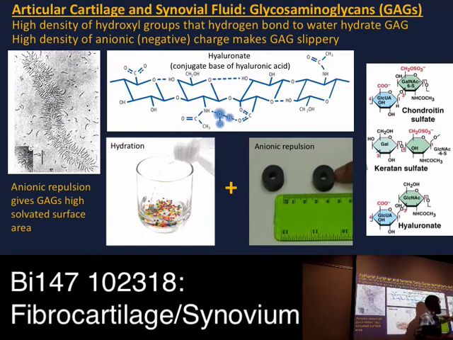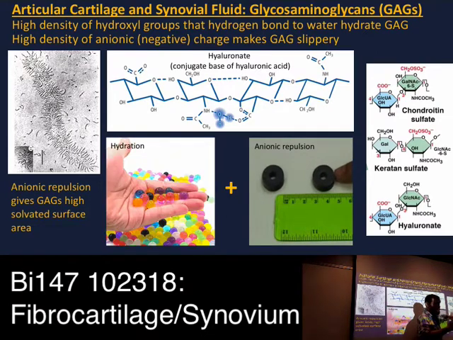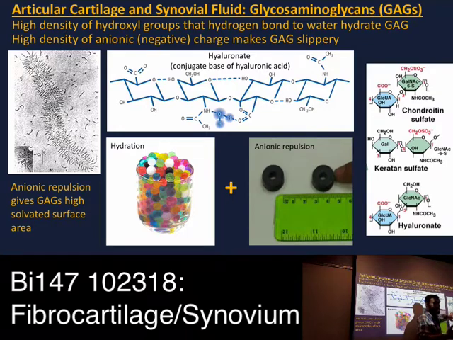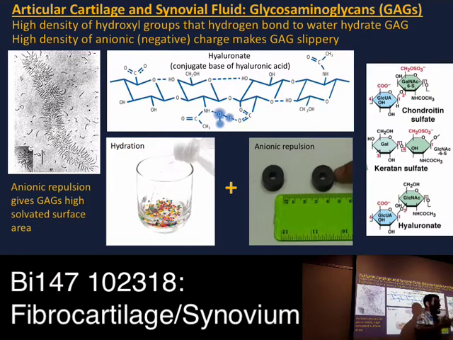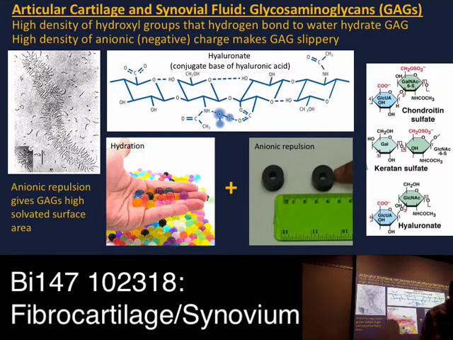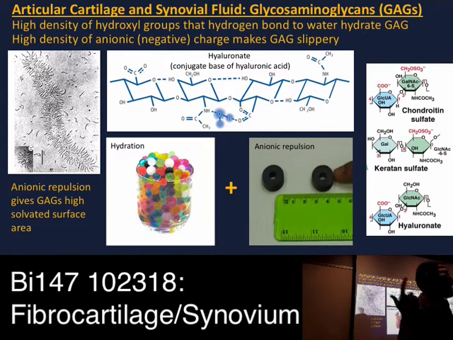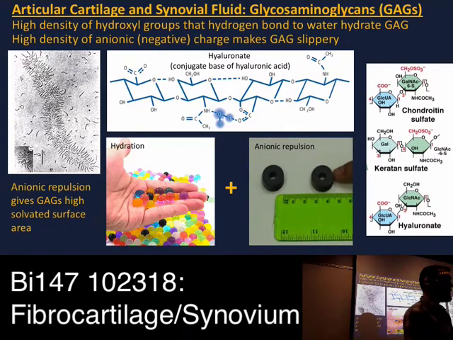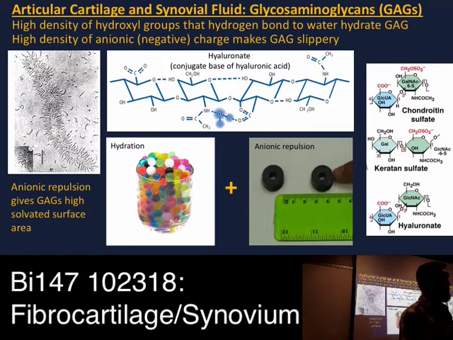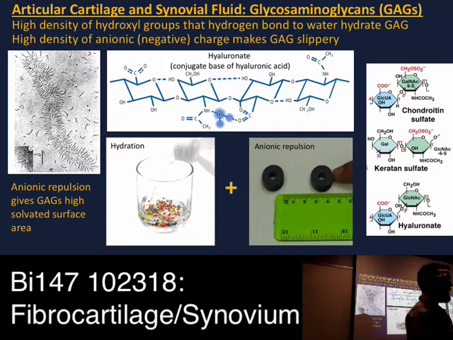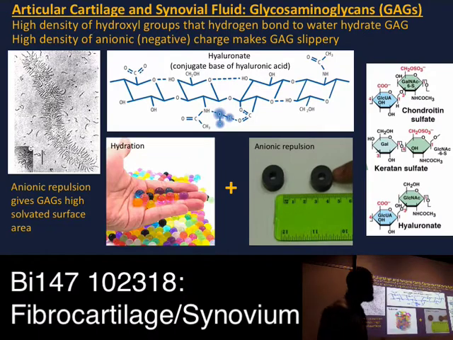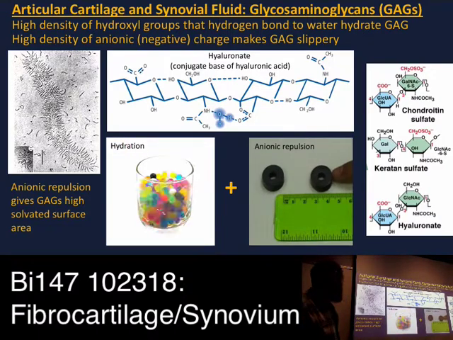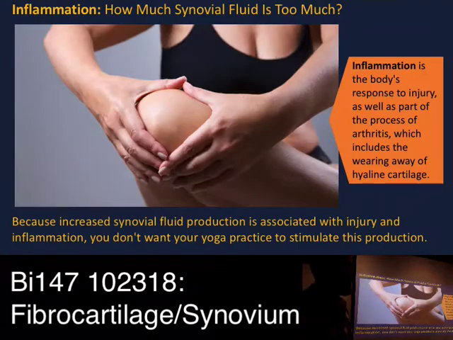Joint health is about hydration and appropriate nutrition, but those two things don't do anything if you don't get fluid into the tissue, right? And so that's where the yoga comes in, actually delivering the goods, okay? So let's keep going.